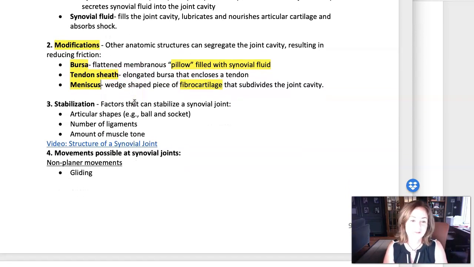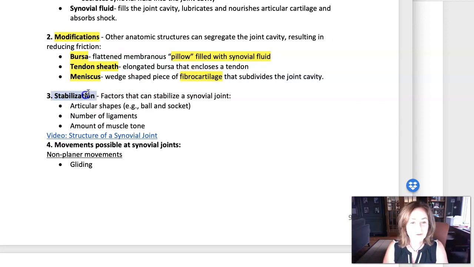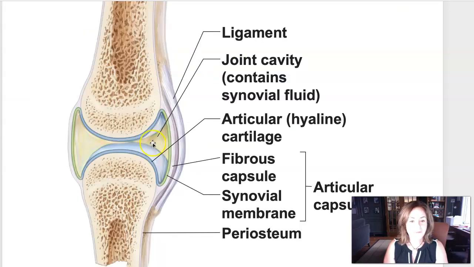So stabilization is a big deal because if we're looking at a joint that just has fluid in between the two bones, they're most susceptible to injury. Okay, and so the more movement you have at any particular joint, the more susceptible to injury.